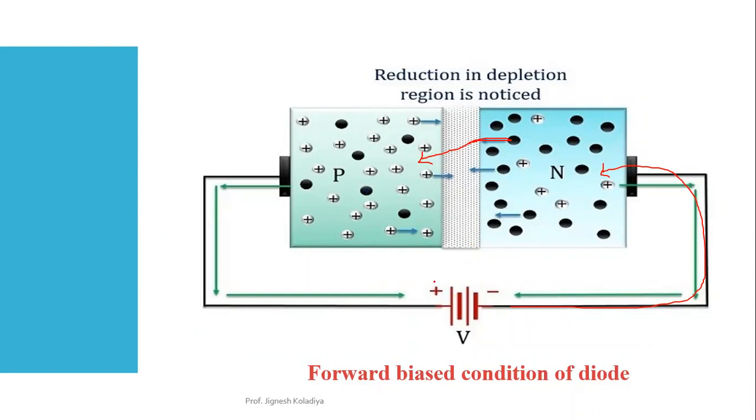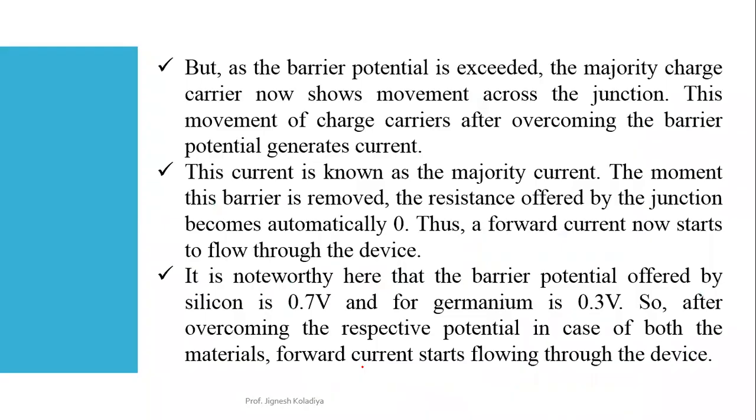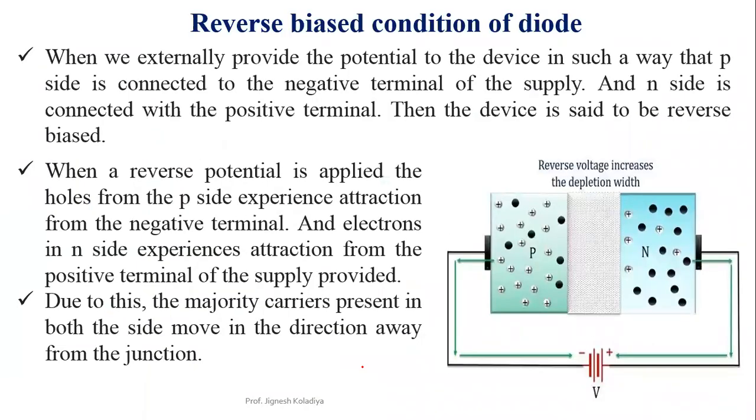Now what happens if I just change the polarity to reverse? This is minus and this is plus. Then what happens? Due to the negative polarity here and positive polarity there, the holes will move in this direction because of attraction, and similarly the electrons will be pushed in this direction.